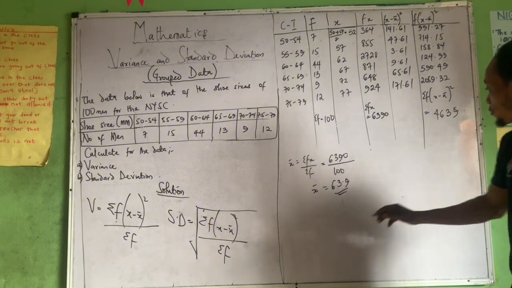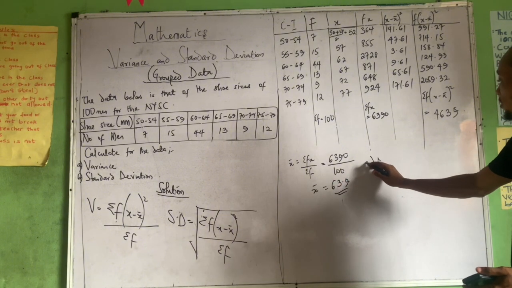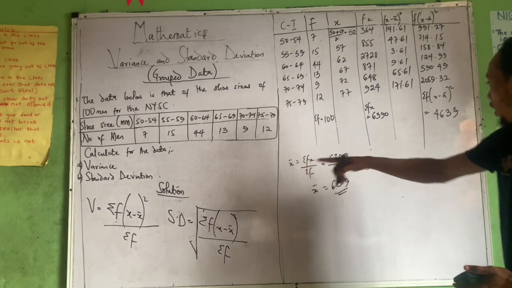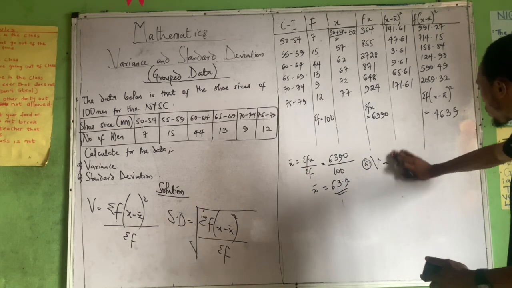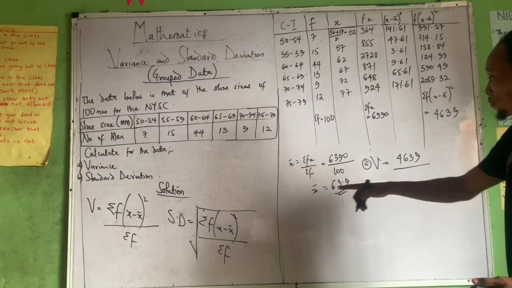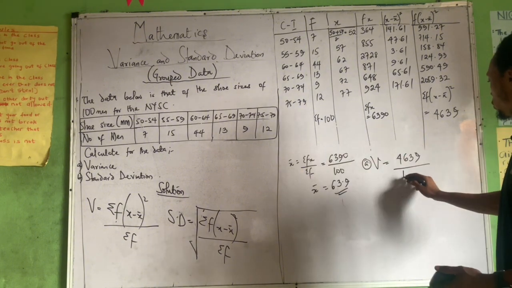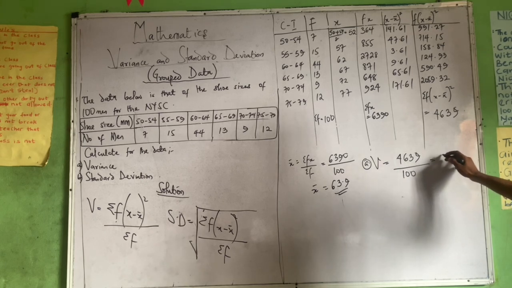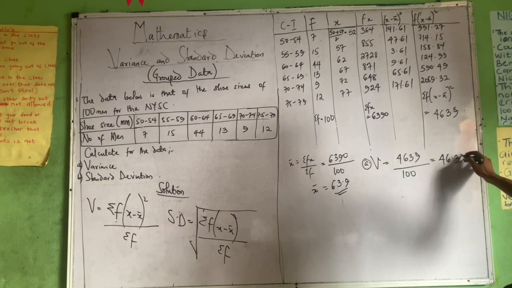So remember the variance. Variance equals everything here which I've done, 4639 over summation f, which is 100. That will be 46.39.